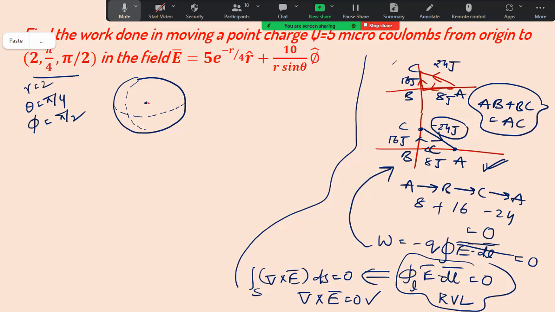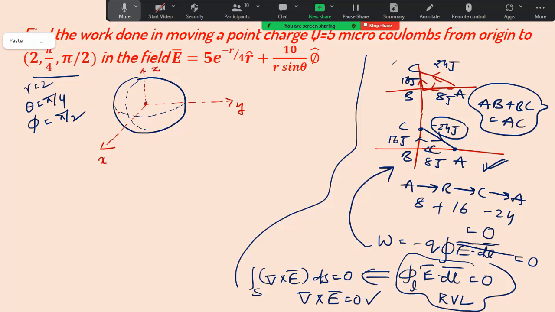So from the origin we have to move. From the origin, what we will do is, you take this as the z axis, this as the x axis, this as the y axis, and this is z.